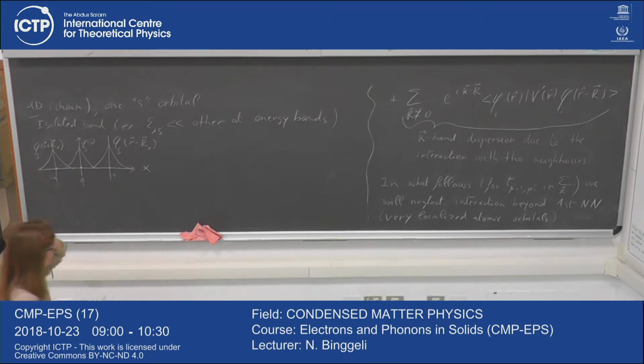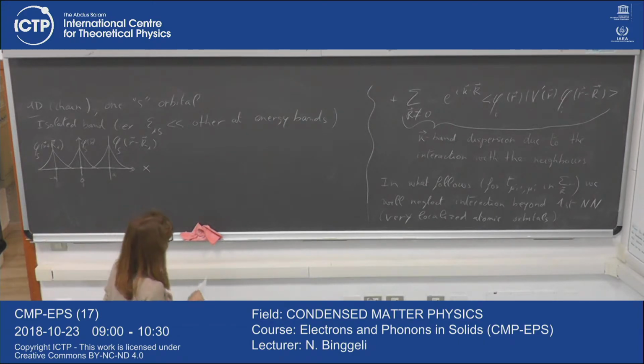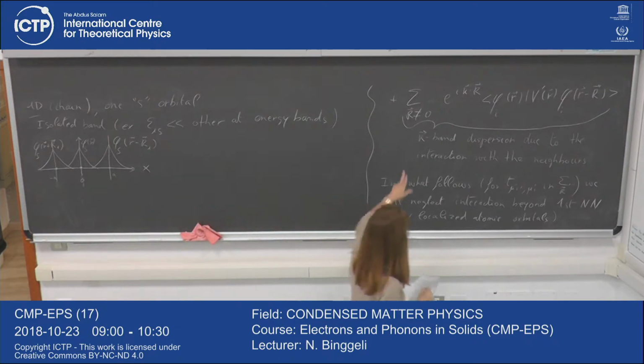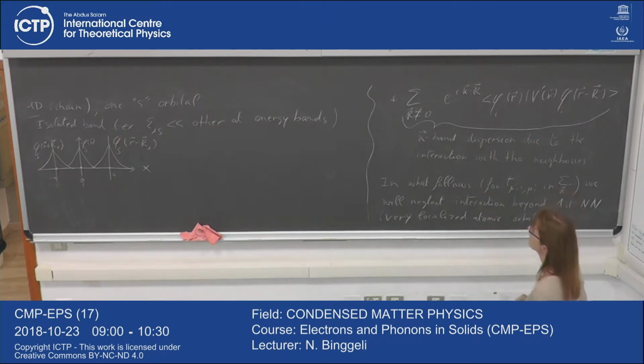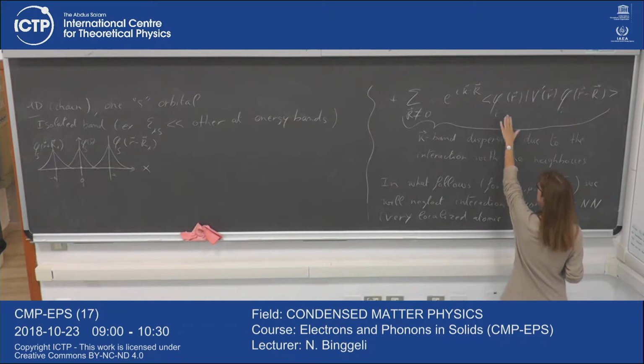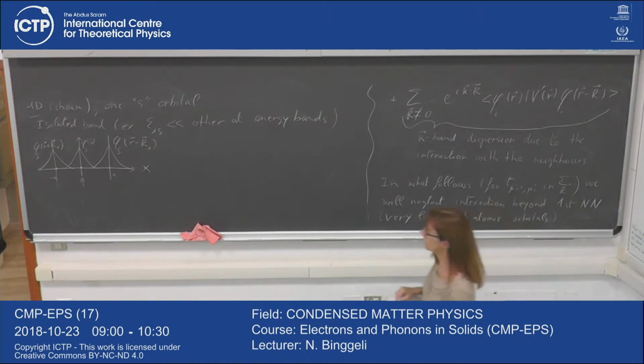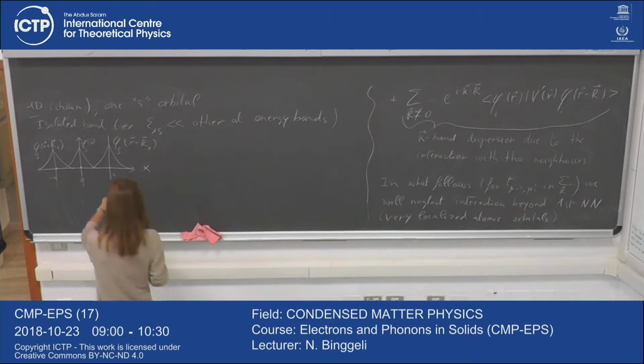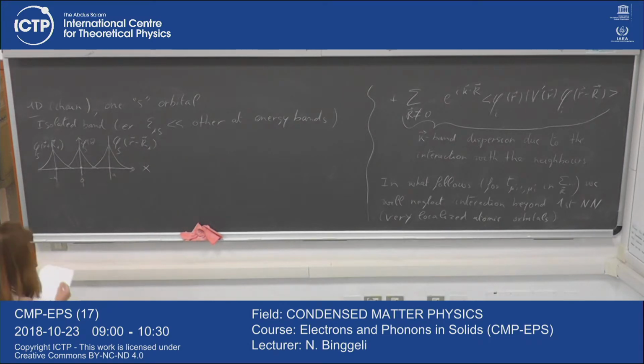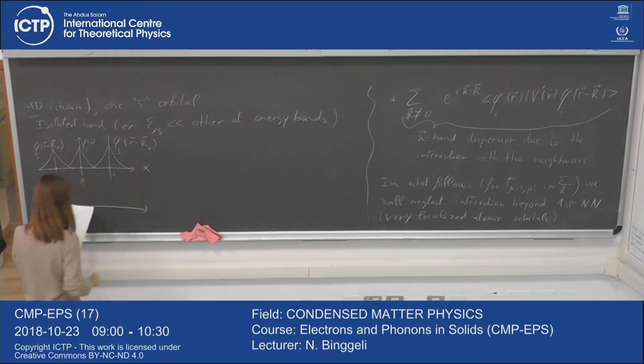So in my matrix element here, I would consider the S wave function centered at the origin, and the S wave function of the first two neighbors, which are at the positions a and minus a. And I will need to calculate this matrix element.